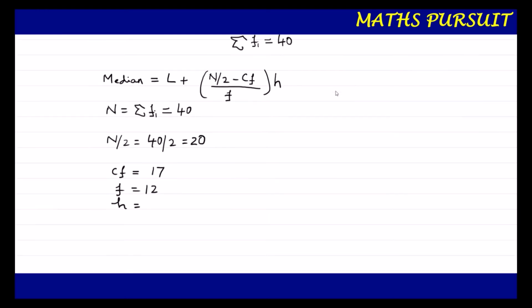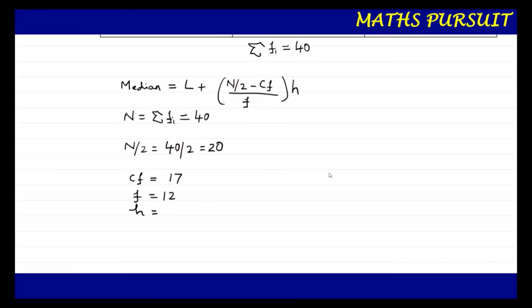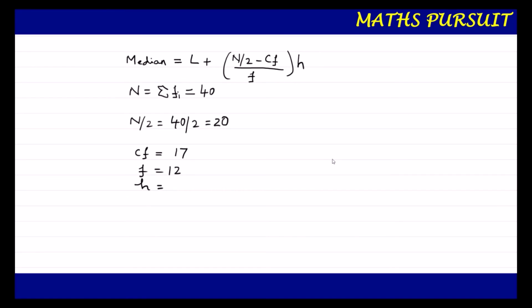If you look at the table, we could easily determine the class height, that is upper limit minus lower limit, like 126.5 minus 117.5, which is 9. So the class height is equal to 9. And lower limit of the class interval is 144.5. So these are the things that we got from the table.